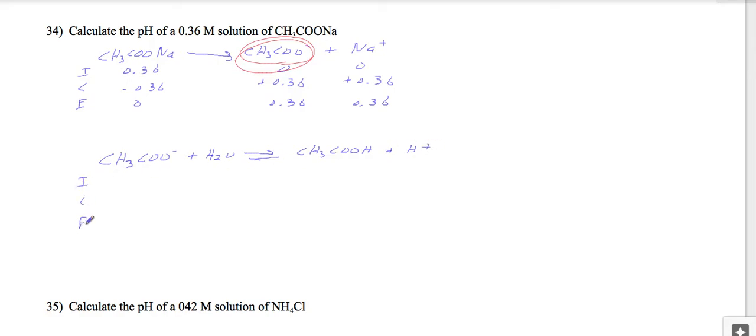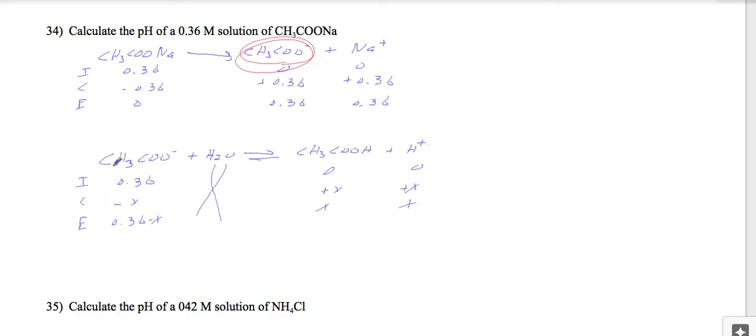There's our ICE table, 0.36. Water goes away because it's a pure liquid, 0, 0. And then we go minus x, plus x, plus x, and then it becomes identical to what we've been doing before.